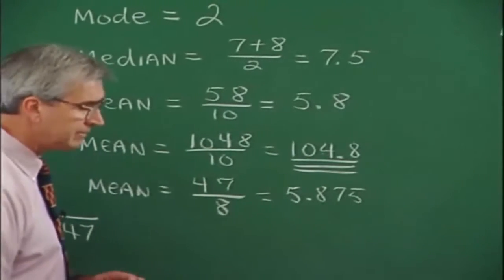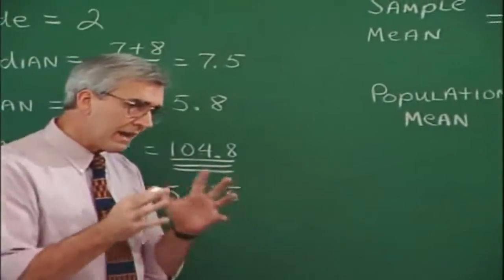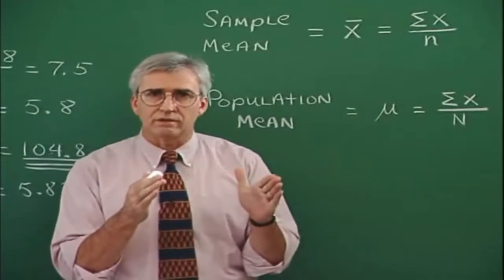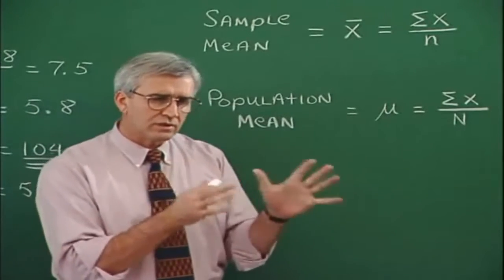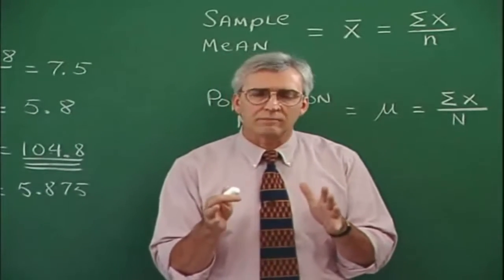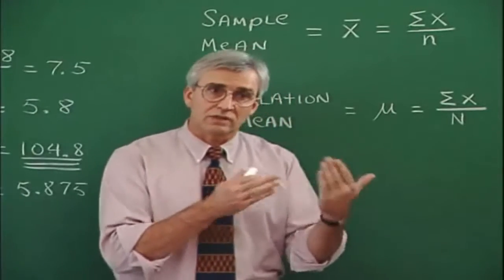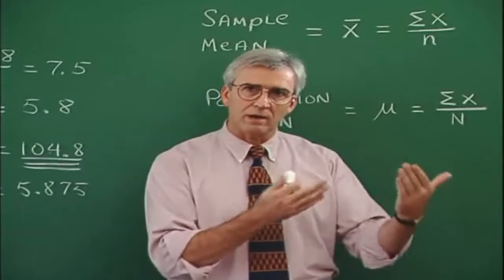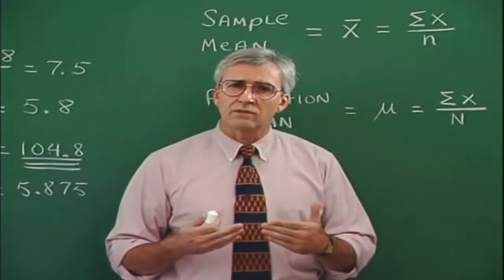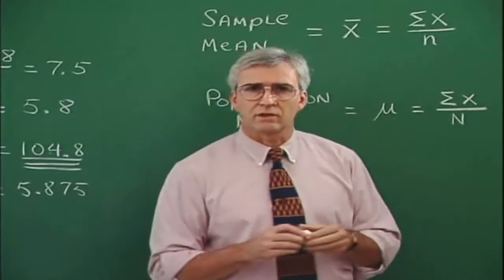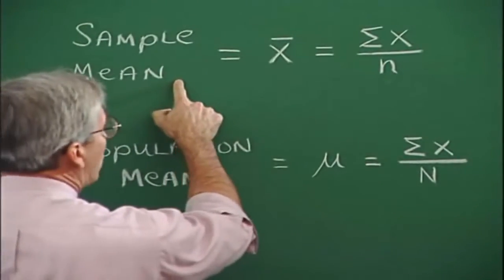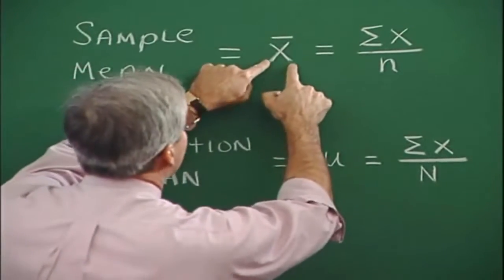Well, let's talk about mean, median, and mode and how they apply to different kinds of sets. We could be talking about a sample mean, or we could be talking about a population mean. And the notation is just a little bit different for those two. If we're talking about a sample mean, then the notation for the mean is x bar.